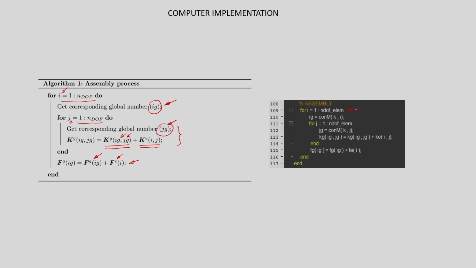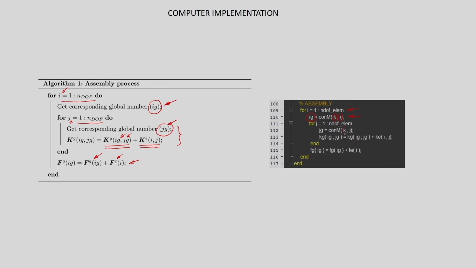We run from 1 to 4, then we look into the kth element, ith column, because column means the local number. So that gives us the global node number or global degrees of freedom. In this case both are the same.